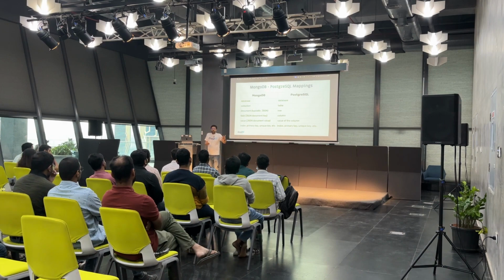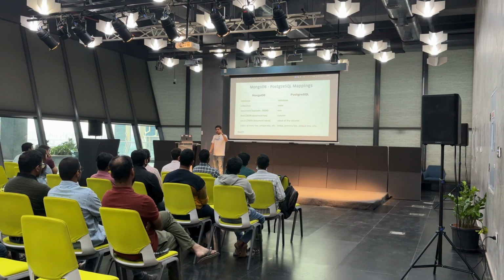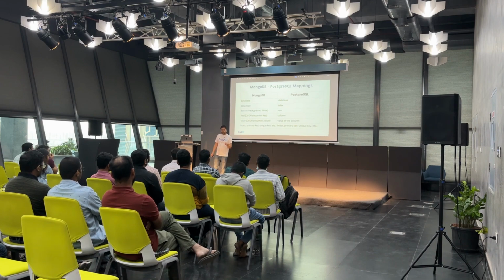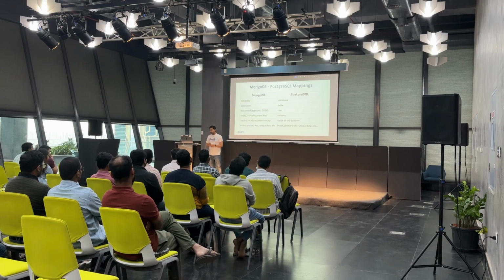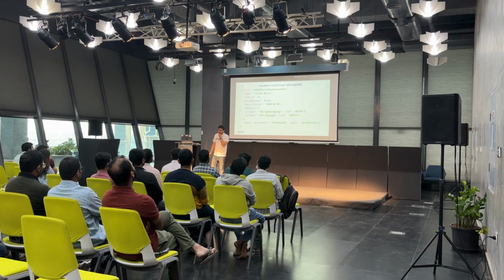That's called a row in the relational database. You have a field, a key-value field, which would be akin to a column in a relational database, and the value will be the value of the column. The rest of the terms are very similar.